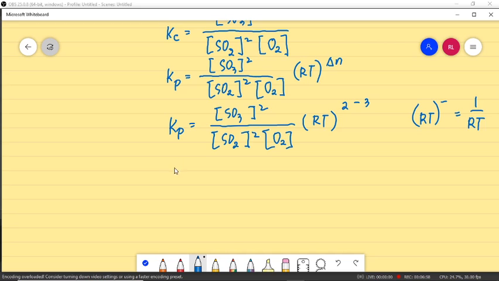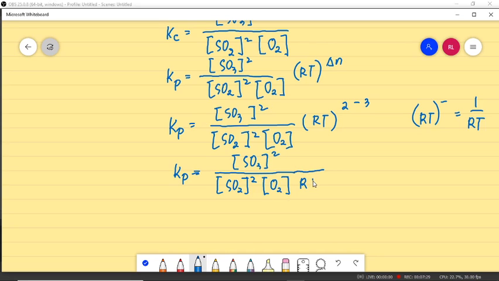So our K sub P is equal to the concentration of sulfur trioxide raised to the power of 2 over the concentration of sulfur dioxide raised to the power of 2 times the concentration of oxygen gas times RT.